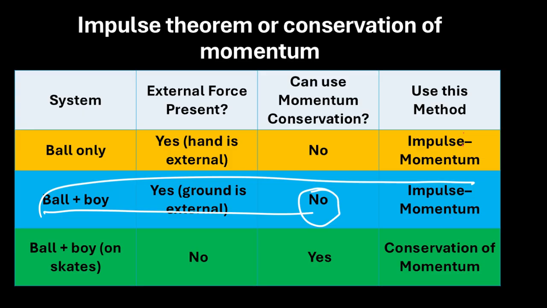Now, if the ball and the boy, instead of the ground, are considered on a moving skate, then the external force is not present, given the condition that it is smooth. Then we can apply conservation of momentum. Why? Because F external acting here is 0, and therefore the conservation of momentum theorem can be used.